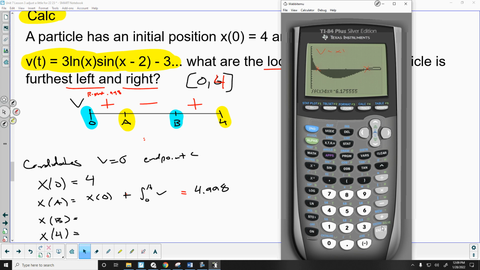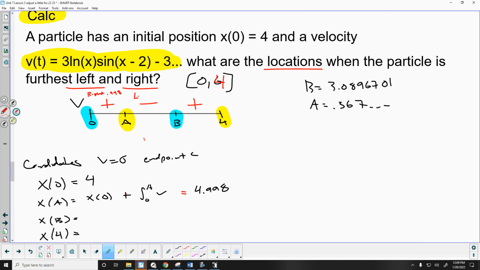It's going to be a bigger number. It means I'm traveling to the left a bunch compared to how much I travel to the right. So how much? About 6.175. Okay, so I travel to the right 1, I travel to the left 6, and we can find that position.